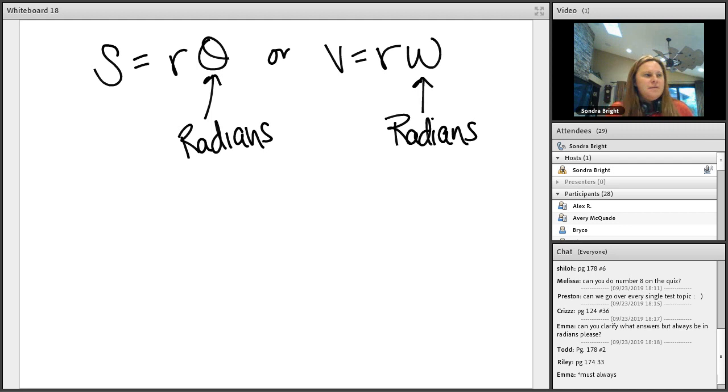The other time is, well, it's usually in doing these problems, so it shouldn't be an issue, but if you need to get rid of revolutions, like the word revolutions or the degree symbol, you're going to make it radians, and then radians are dimensionless. And so, like if your final answer needs to be in centimeters, having your angle in radians is what's going to make it just in centimeters.